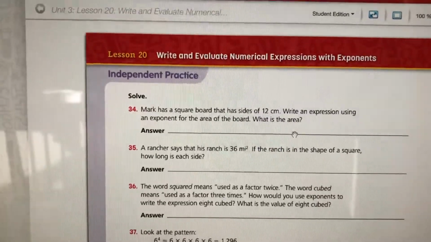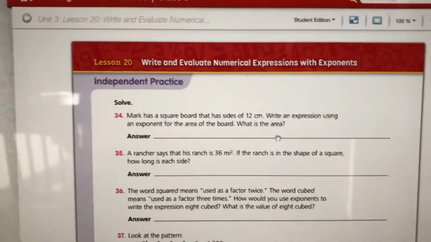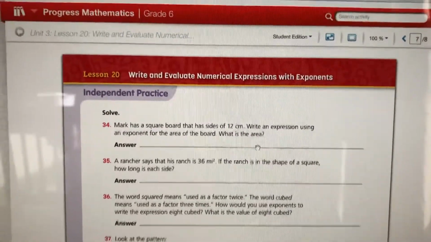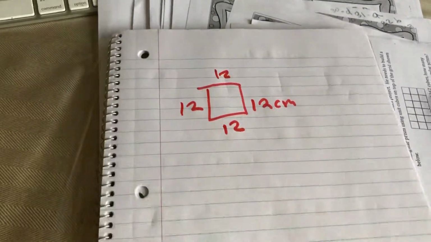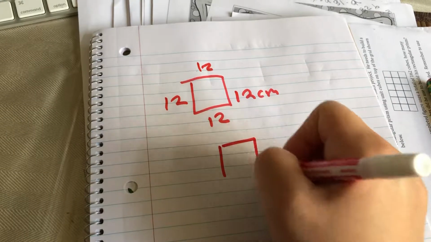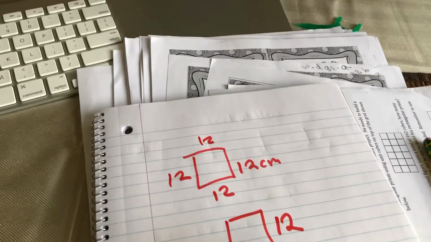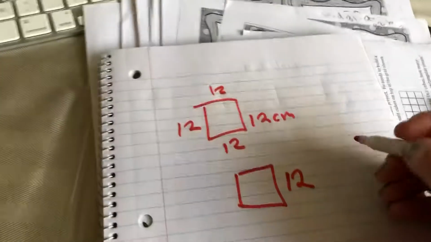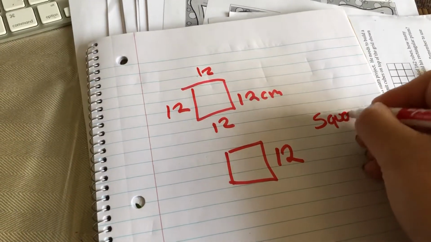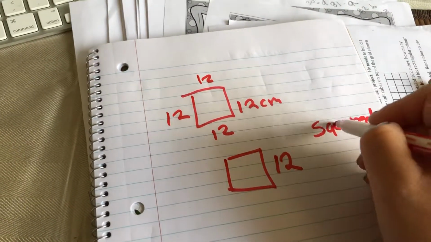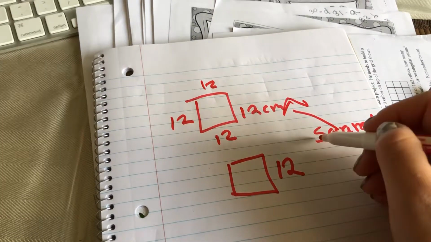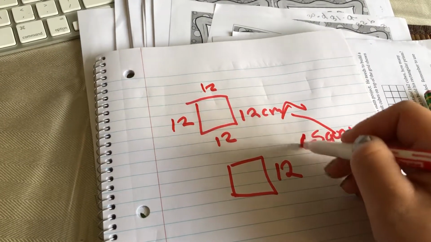A square board that has the size of 12 centimeters. Write an expression using an exponent. So now we have to write an expression using an exponent. So this is a square again, 12 centimeters. Using an exponent. And remember, we use the word squared, not only for representing this, but it has to represent the exponent.